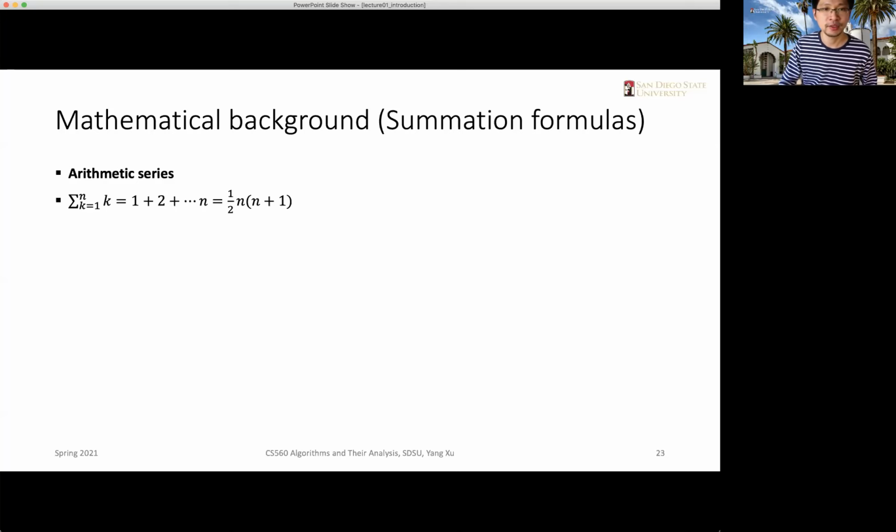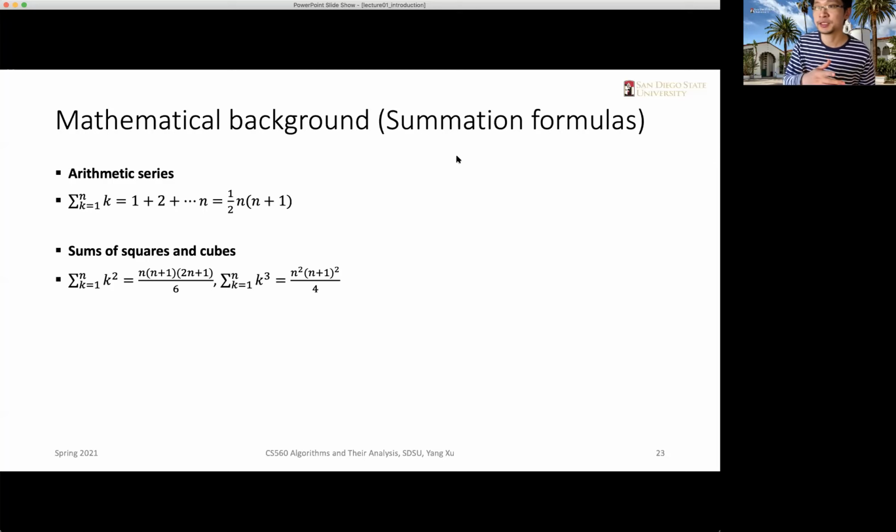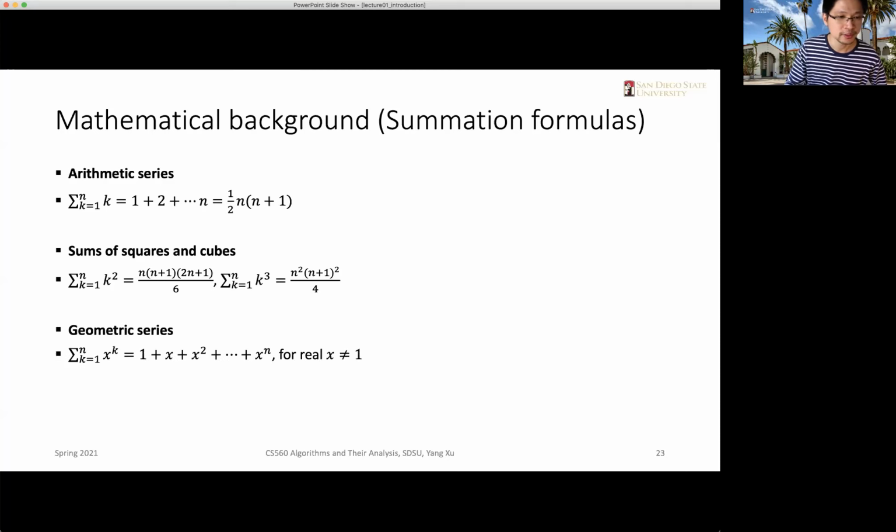Then we can use the formula to compute the summation, and we will see it immediately in the insertion sort algorithm that we will analyze today. Based on it, there are the sums of squares and cubes. We don't need to memorize them; they are just for reference for future usage.